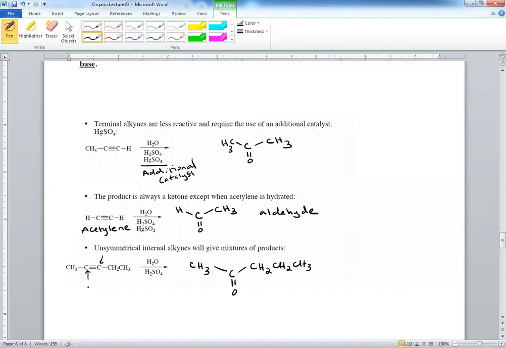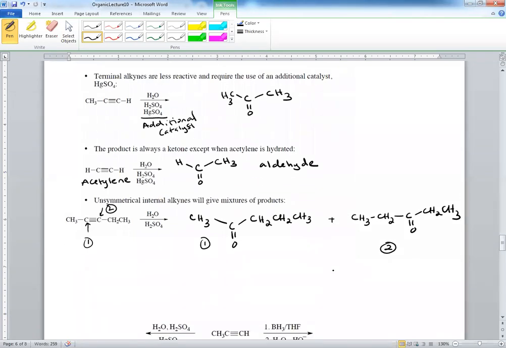So that's 1 plus, and that's 2. So be able to draw both of these.